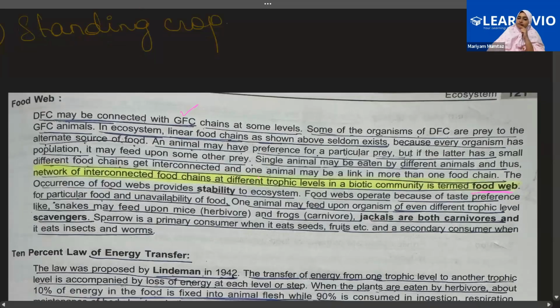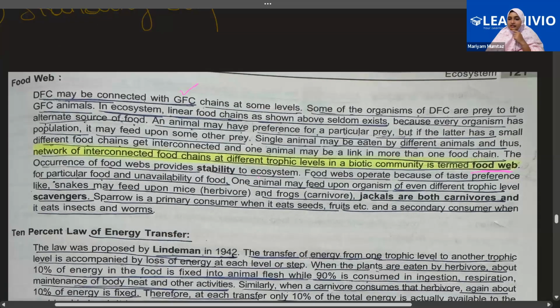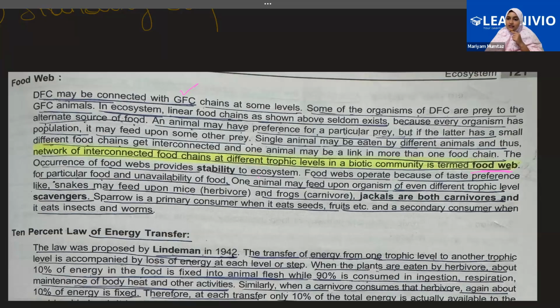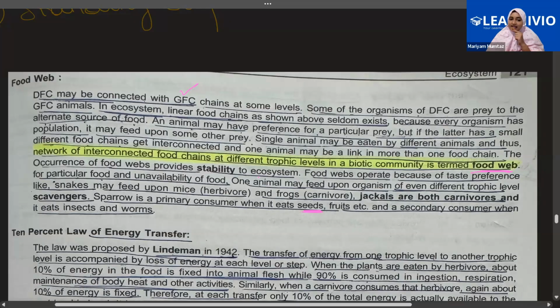One animal may feed upon organisms of even different trophic levels, like snakes may feed upon mice, which is a herbivore, and frog, which is a carnivore. Both of them belong to different trophic levels, but they are being fed upon by one organism, that is a snake. Jackals are both carnivores and scavengers. A sparrow is a primary consumer when it is eating a seed, because at that time it is a herbivore consuming a plant product.